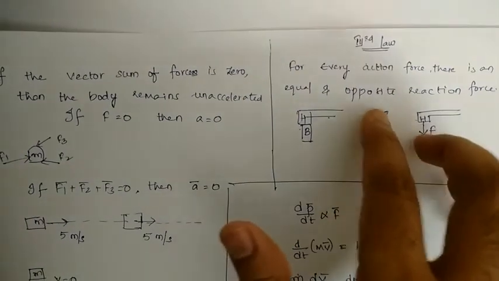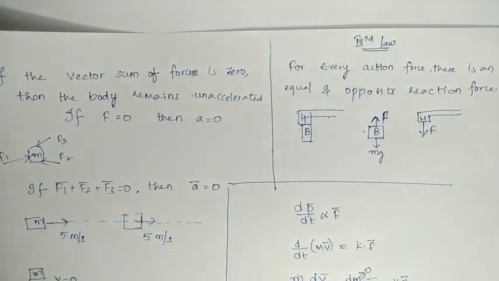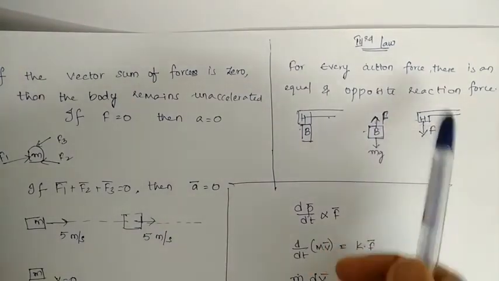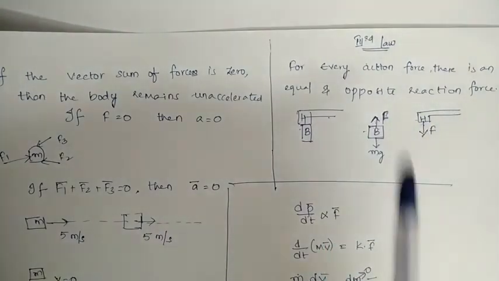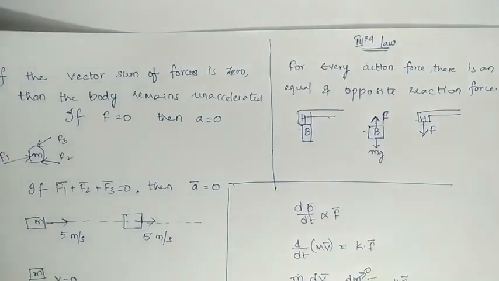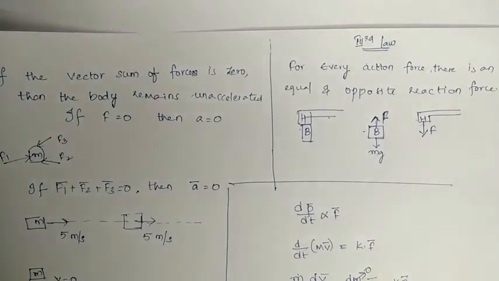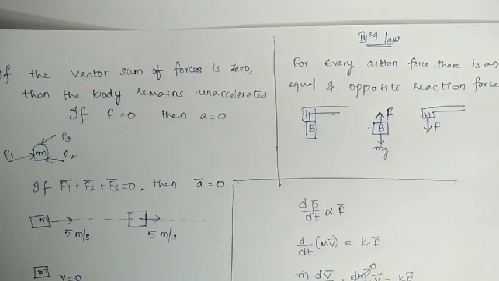So what we can say from this is, forces always come in pairs. We can call these forces an action-reaction pair. So there is always a force, and there is always a pair accompanied with it. Forces always exist in pairs, but they need not act on the same object.